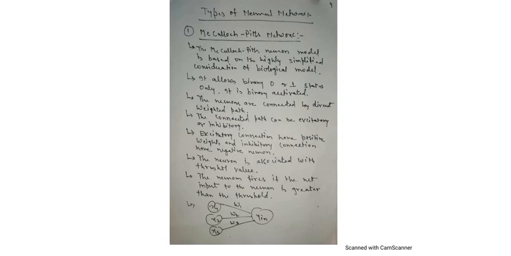In the McCulloch-Pitts neuron model, it is highly simplified and based on the biological model. It is also based on 0 and 1.